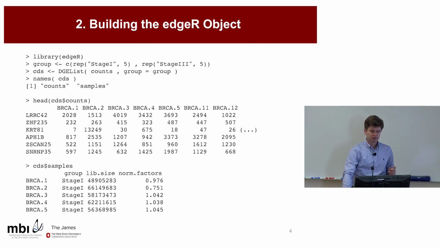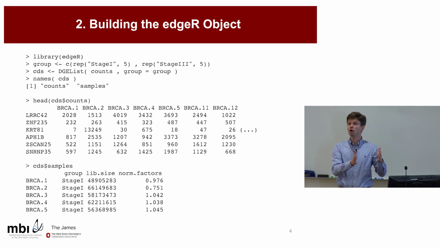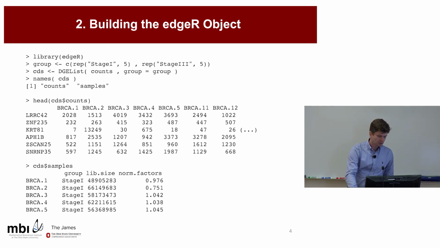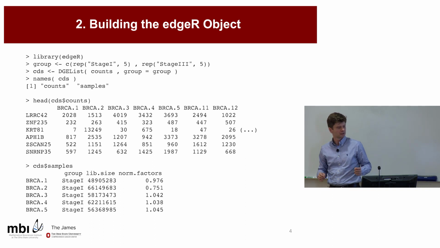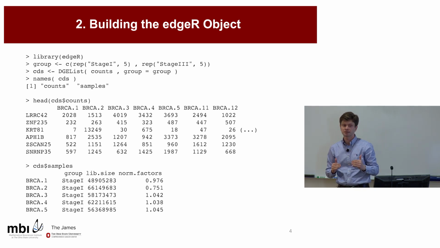And when you type names CDS, you will see what kind of tables or sub-objects you got in the CDS object. And again, you can call them and see them using, for example, the head function. So head CDS counts would display the count table, and CDS samples would display the sample table.